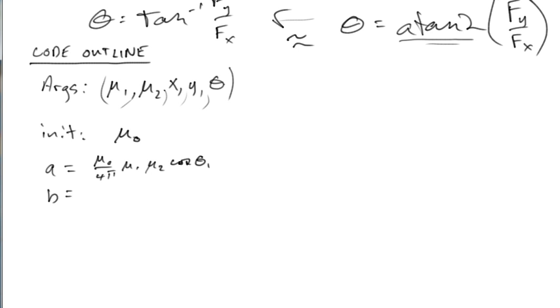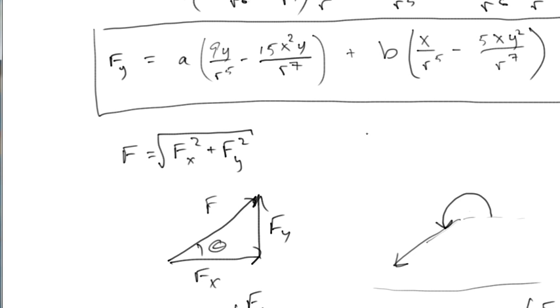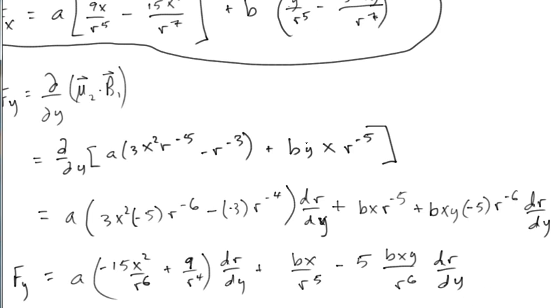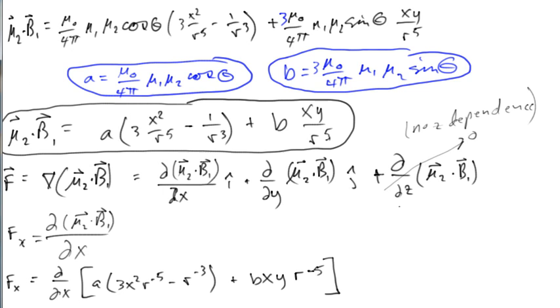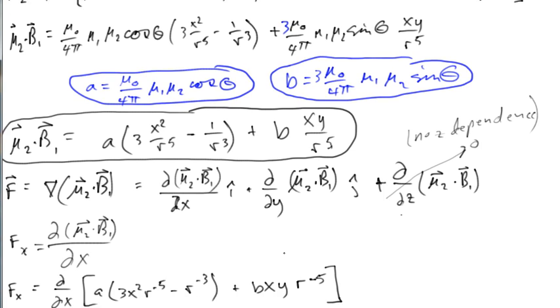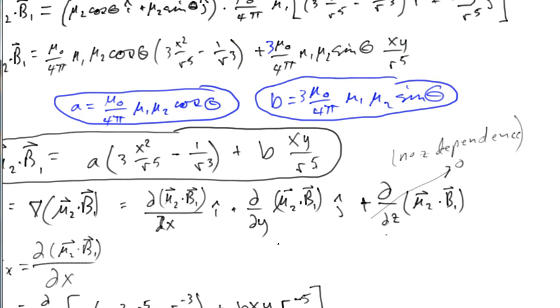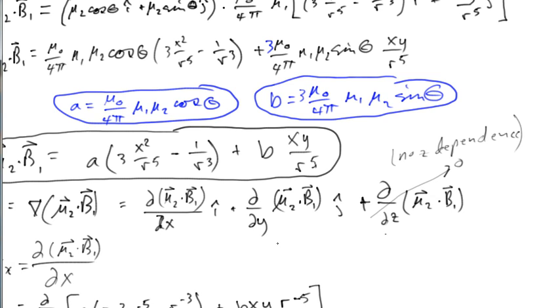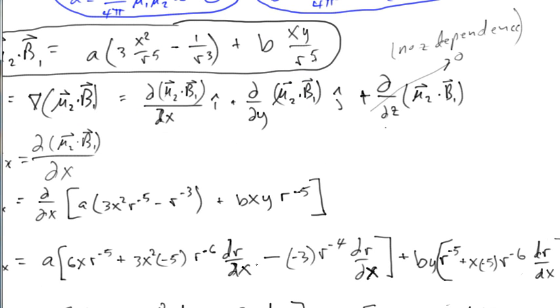Actually, let's take a look, see if I get that right. I think I put it in blue, so it should jump out at me. Mu0, mu1, mu2 cosine of theta all over 4 pi. And the other one's more or less the same thing, except I got a 3 out front, and it's a sine of theta.